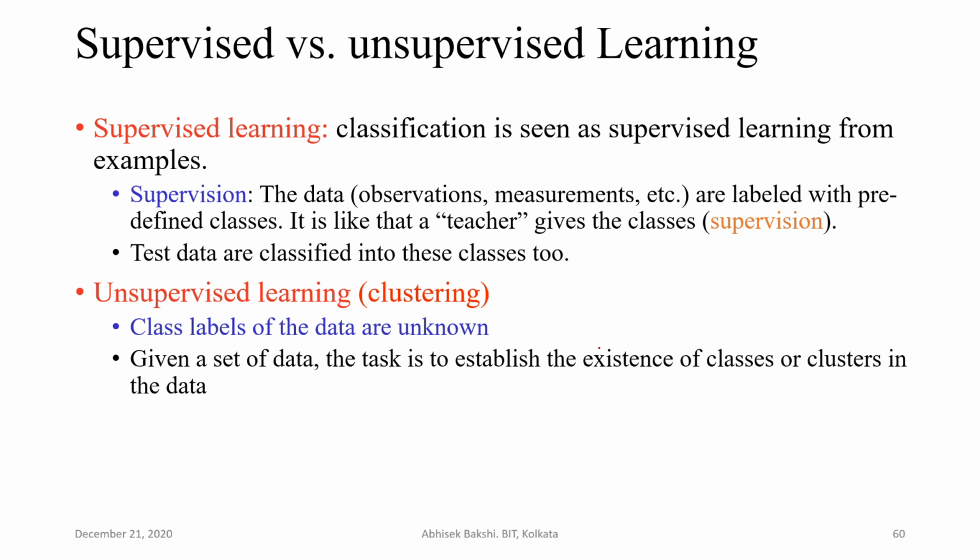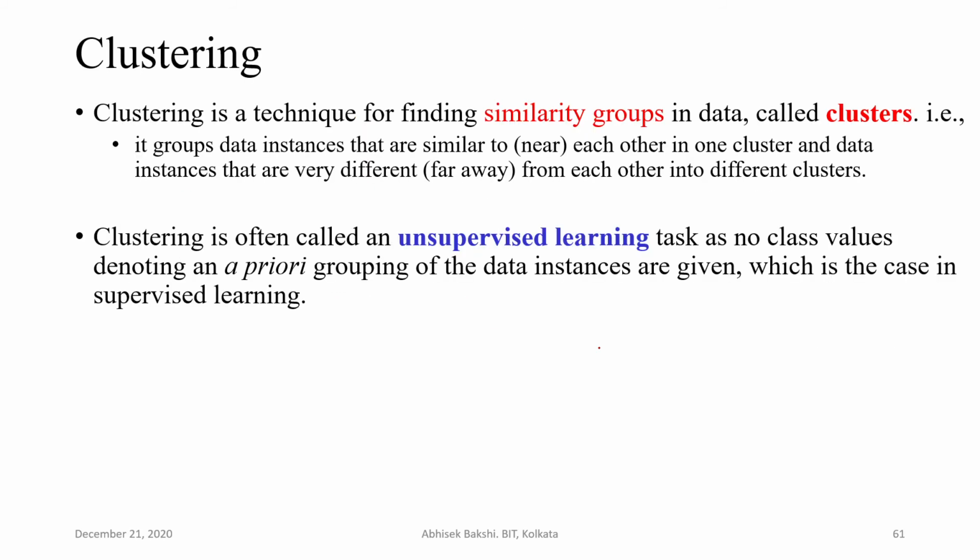Rather, you can segregate with respect to some parameter, that this set of points is different from that set of points. That is why the learning algorithm required is unsupervised learning. So generally what we call it is clustering.